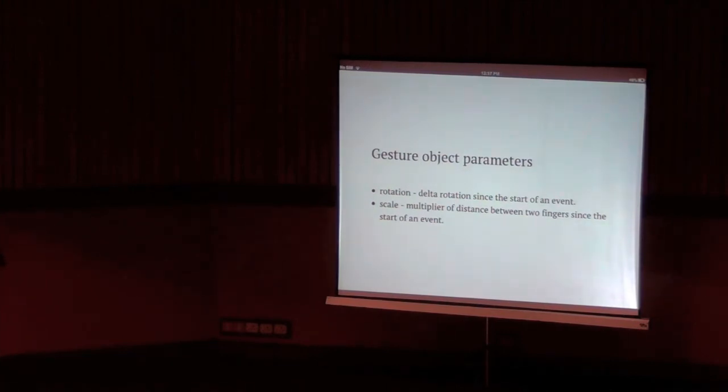So you get a rotation if you are trying to rotate the whole thing, or you get a scale if you are trying to pinch or zoom. Kind of like how Google Maps does it. In Google Maps or any maps app, when you try to rotate, it rotates with your fingers, or if you try to scale or zoom out.